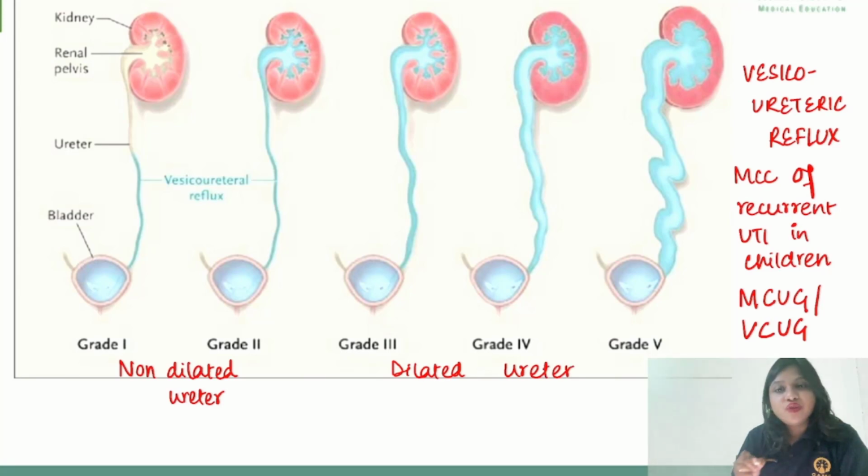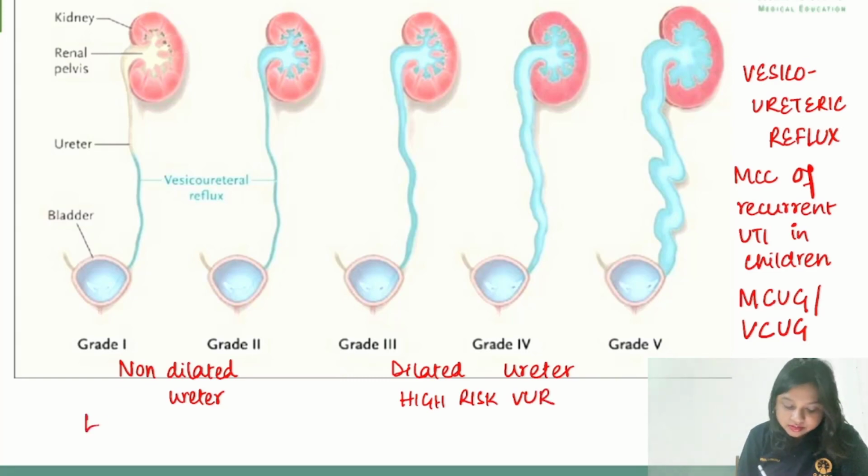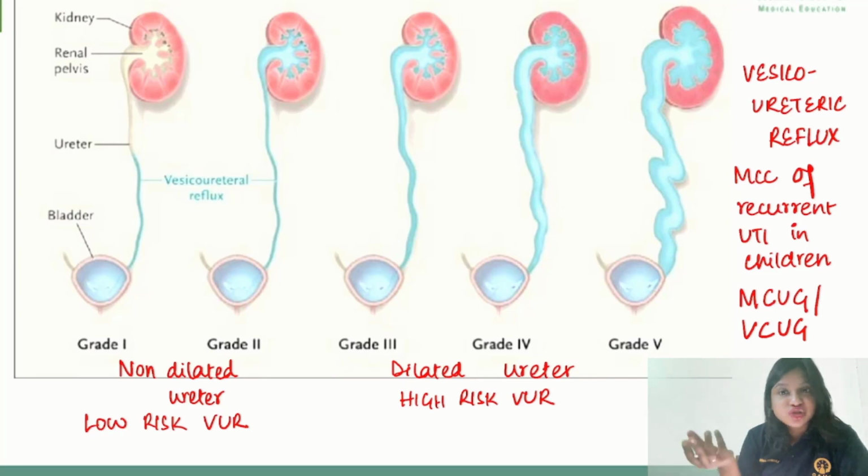So grade 3, 4 and 5 is high risk VUR, whereas grade 1 and 2 is low risk VUR. Differentiating into low risk and high risk VUR is very important because it also helps us in management.